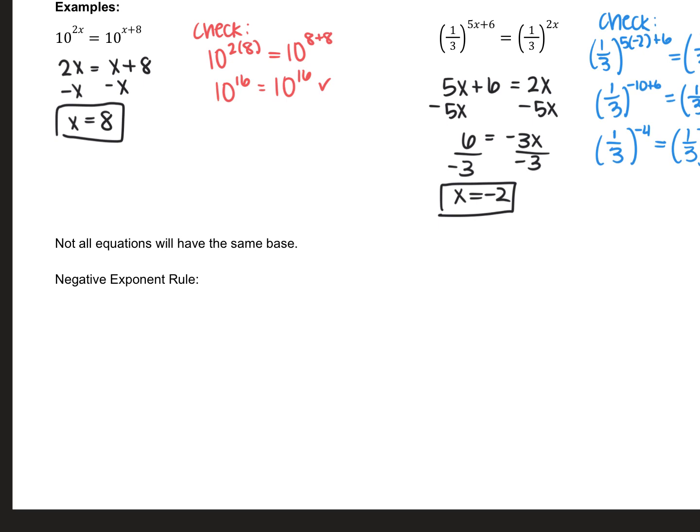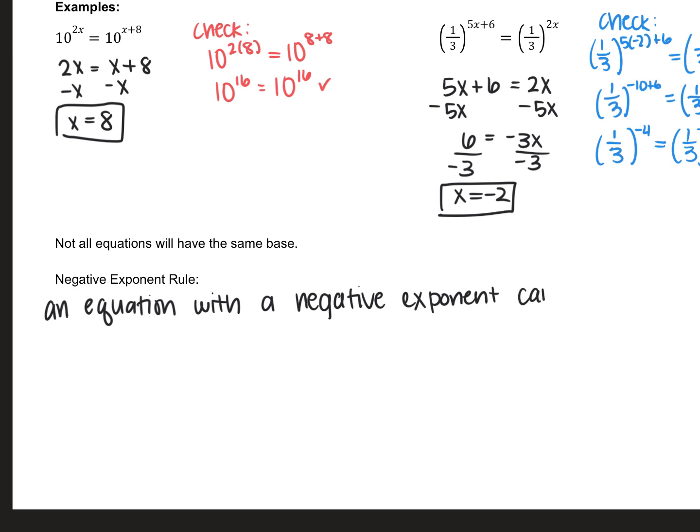It tells us that an expression with a negative exponent can be rewritten using fractions.